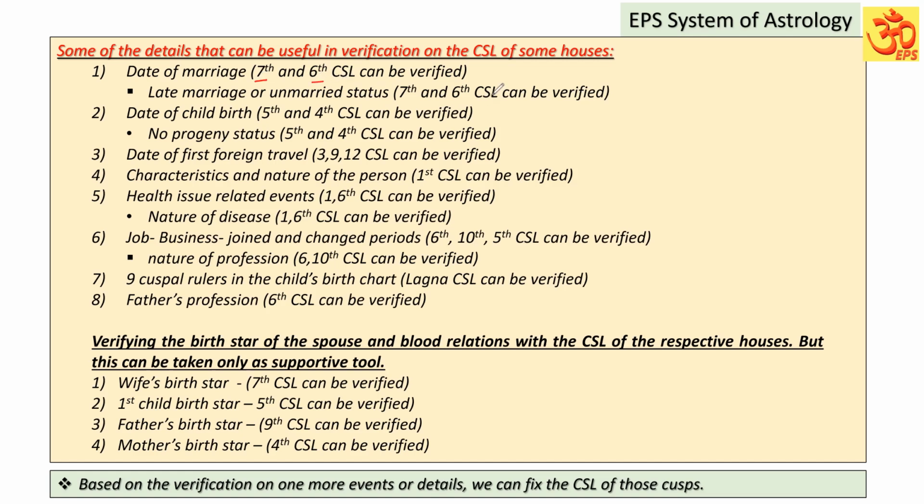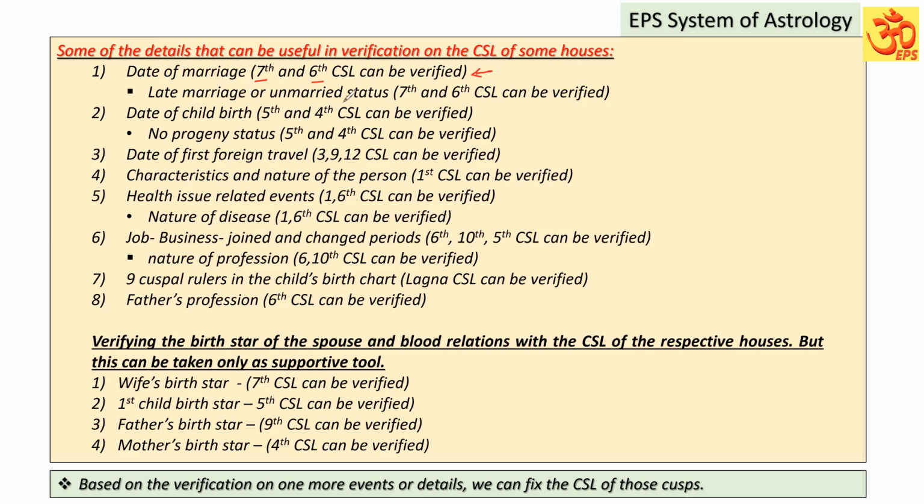So when we are adjusting the birth time or verifying the timing of the event, not only the seventh house, the sixth house also will be playing a role. The sixth cuspal sublord also plays a role in giving unfavorable signification. So always when we are studying one event, we have to consider the unfavorable house's cuspal sublord for that particular event combinedly.